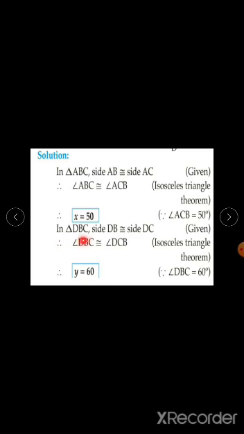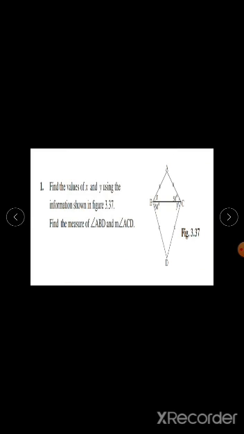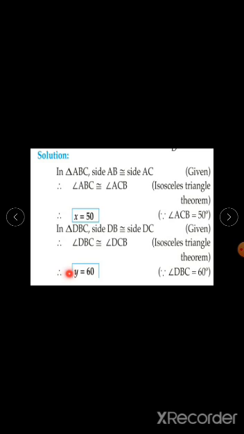Therefore, y equals 60, because angle DBC is 60 degrees, so angle DCB is also 60 degrees.